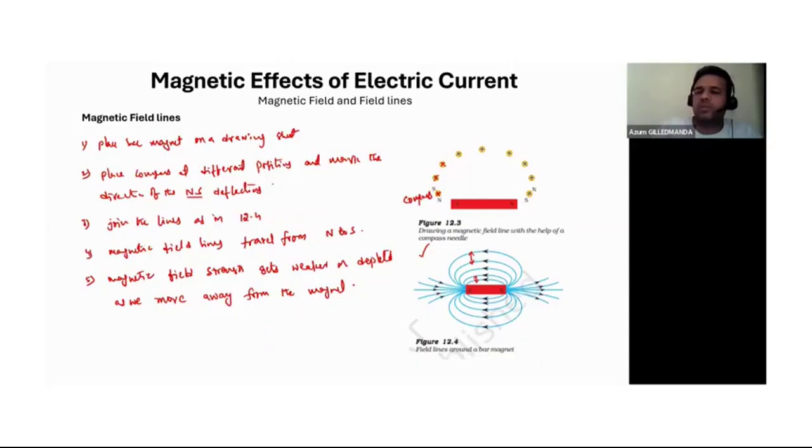From north pole to south pole, they go in an elliptical path actually, right? And then the magnetic field lines move from north to south, and as we move away from the magnet, the magnetic lines get weaker and the strength gets depleted. Okay, so that's our observation.